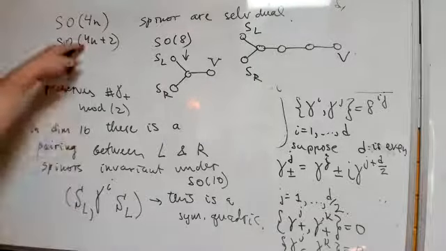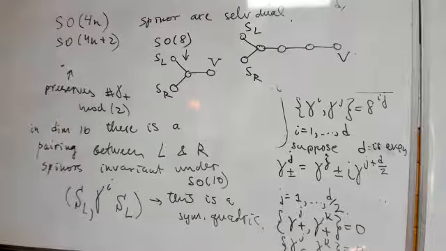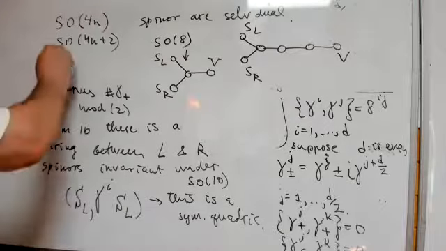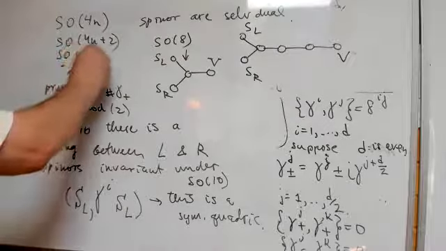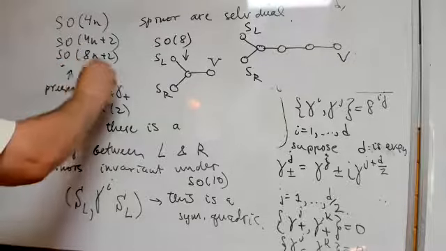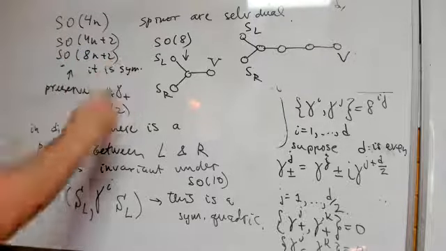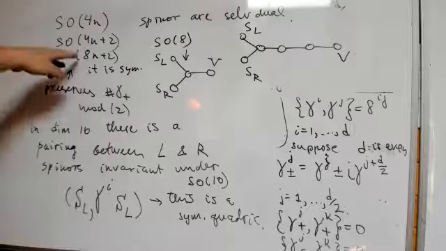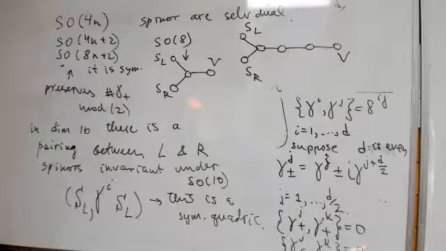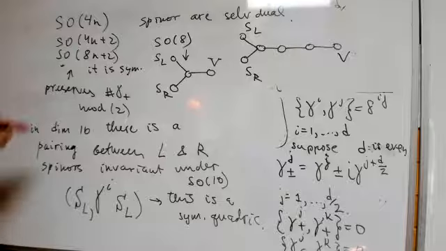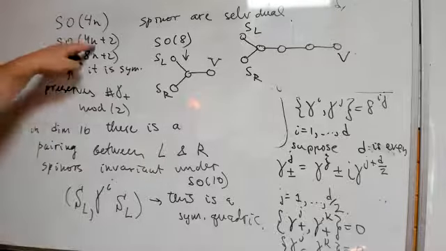It turns out that for SO8N plus 2, it is symmetric. This N could be even or odd.